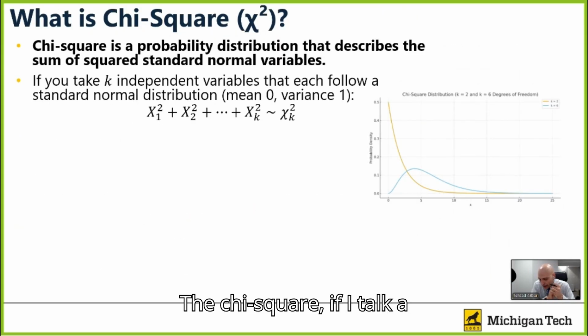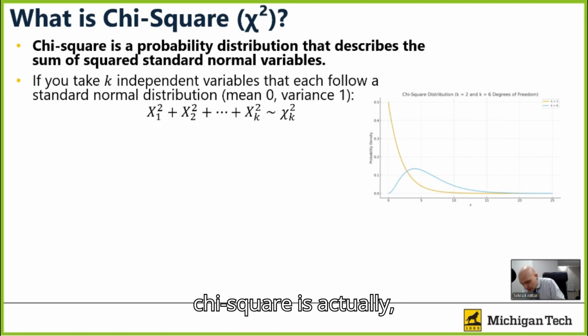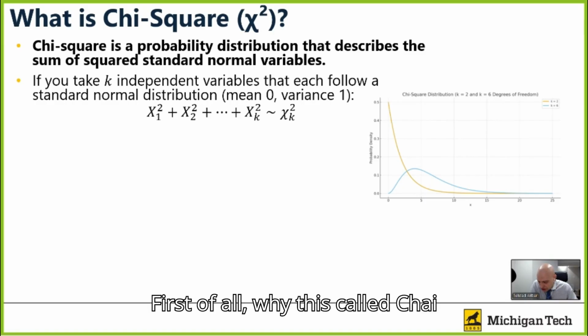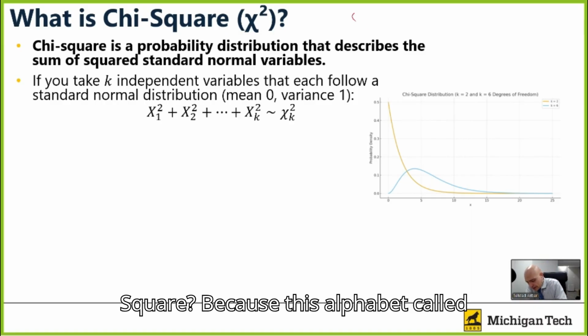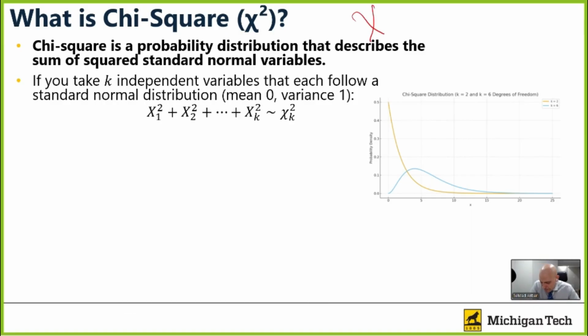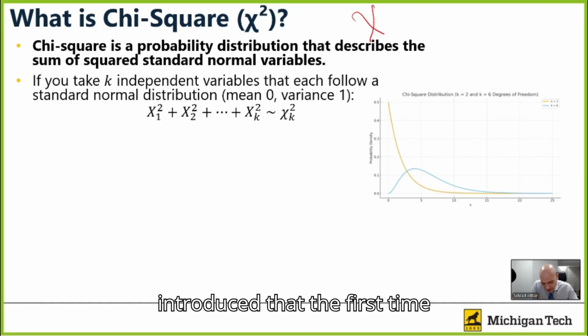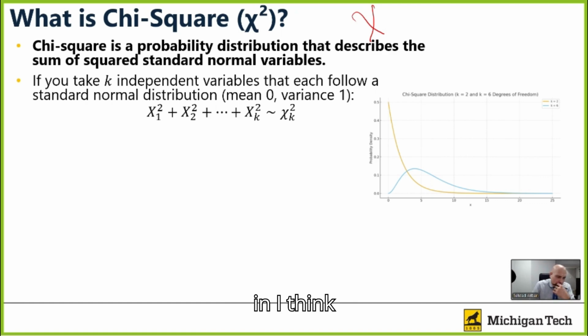If I talk a little bit more about chi-square, first of all, why is this called chi-square? Because this alphabet letter is called chi in Greek, but the person who introduced it the first time was Pearson, in, I think, 1900.